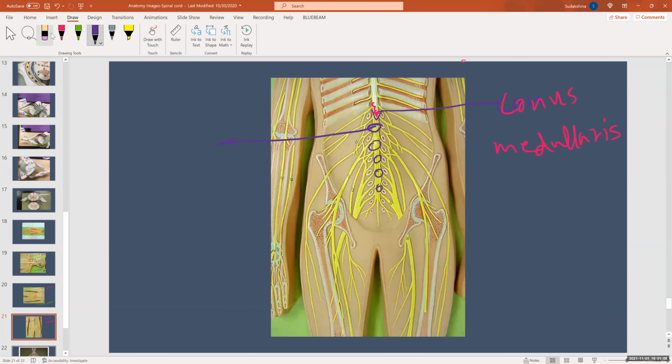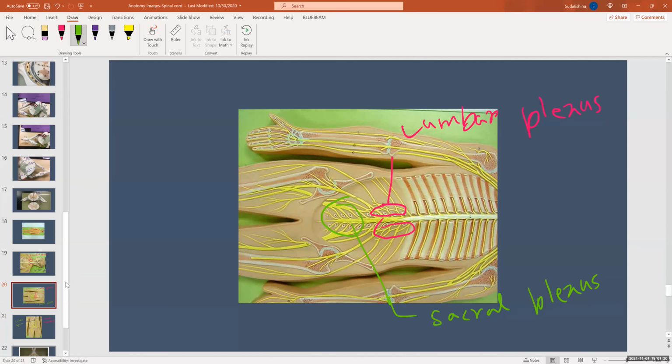This is what we refer to as cauda equina. Basically, with spinal nerves, as you can see, the spinal nerves are exiting on either side, one on left, one on right. So all the way through cervical, through the thoracic area and the level of L1, these nerves are all exiting in pairs.